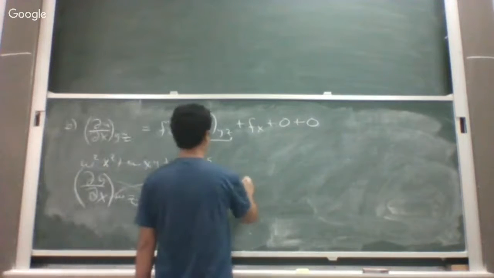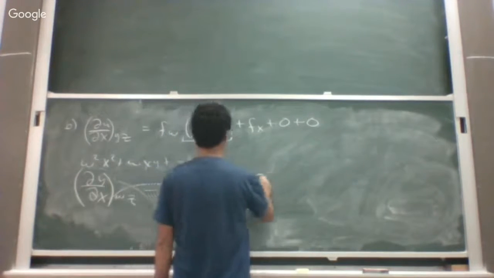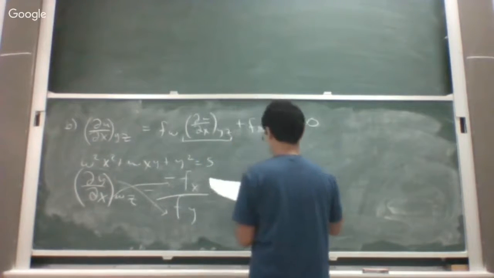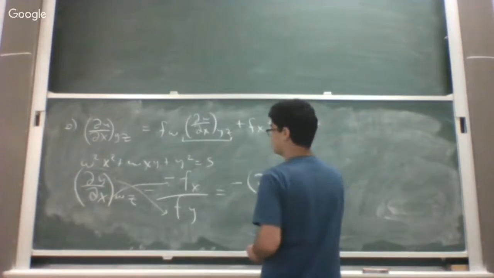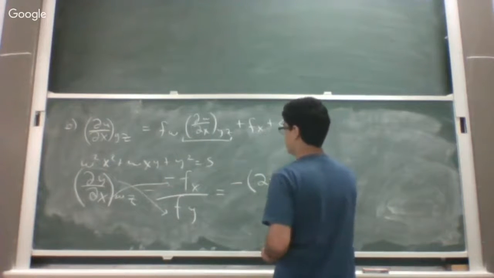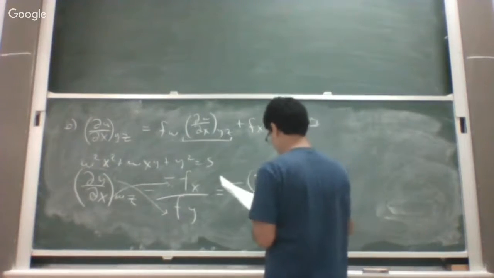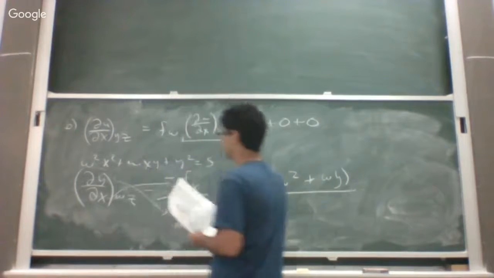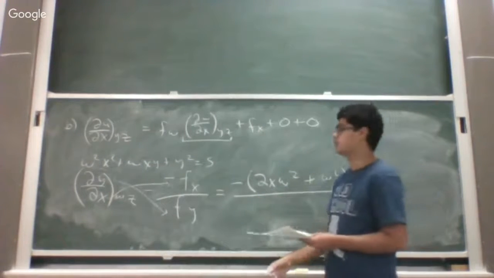So here we would have a negative times 2xw squared plus wy divided by holding everything but y constant.